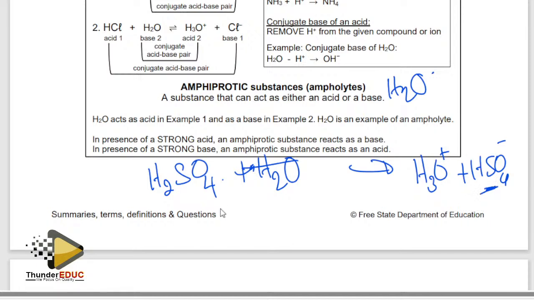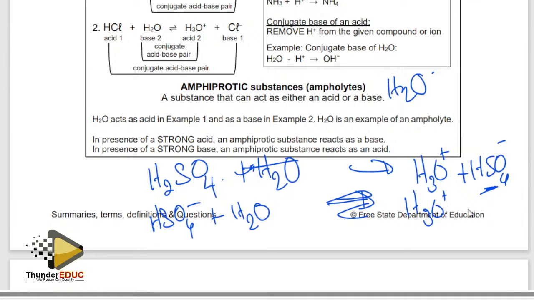You understand? So you have to know which one. Now if I bring hydrogen sulfate here and add water, I form hydronium ion again plus sulfate.